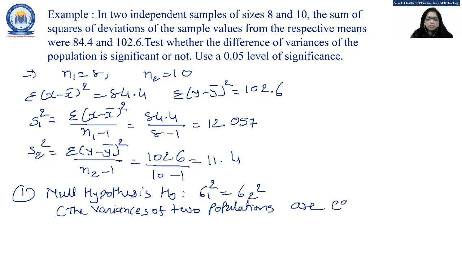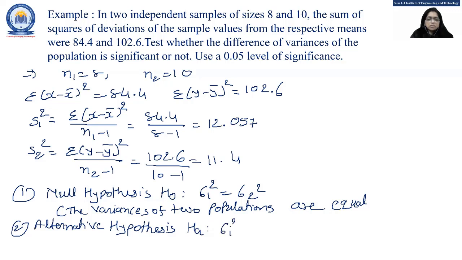As the variances are equal, the alternative hypothesis HA is sigma 1 square greater than sigma 2 square. Level of significance is 0.05.